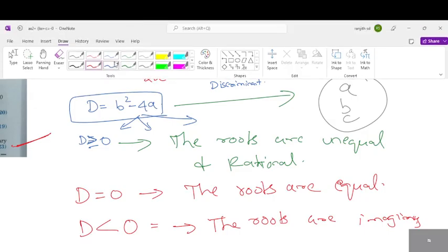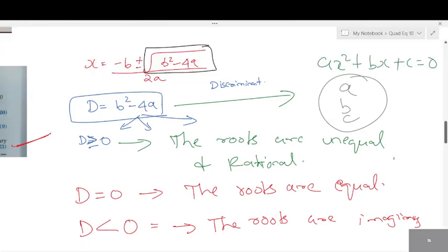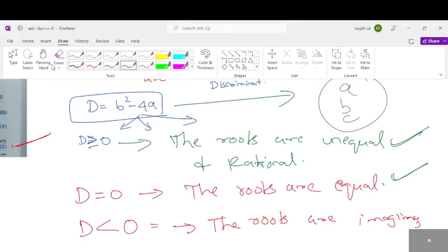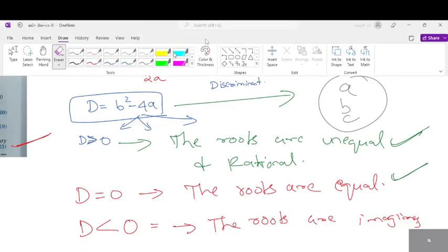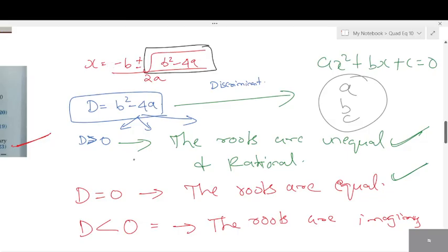Okay, so in your syllabus, you have to just remember these 3 points. In that, these two are very important, the first and second. D is greater than 0, D is equal to 0, D is less than 0. Okay, if D is greater than 0, the roots are unequal and rational. If D is equal to 0, the roots are equal.